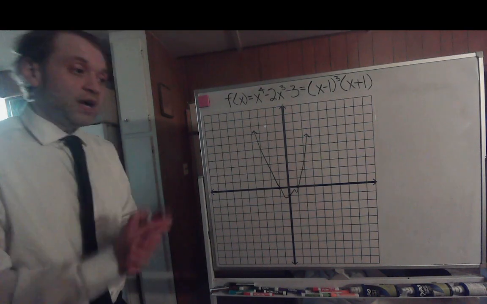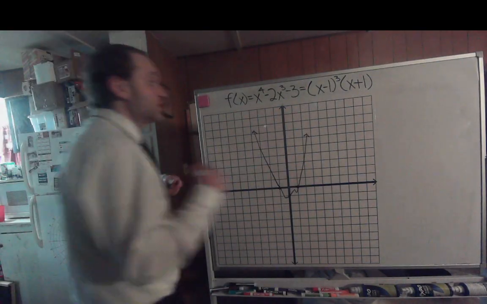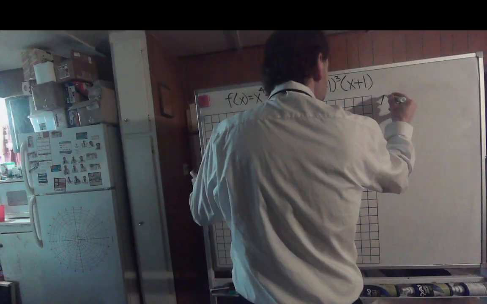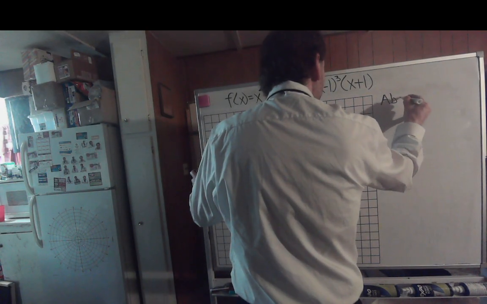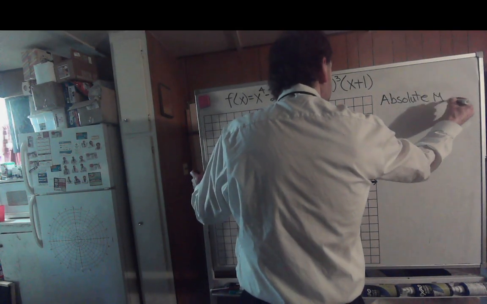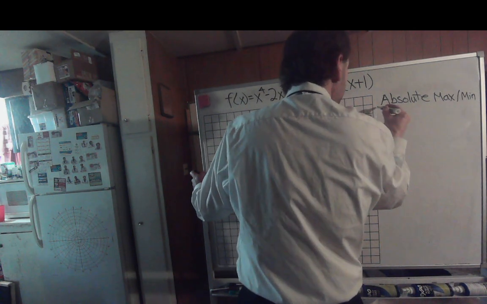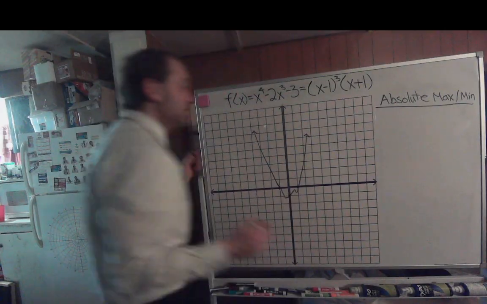Now, once you've graphed, there's one more component to this. Yes, we have what's called an absolute max and min. Now, absolute maximums and minimums, not absolute, excuse me, forgive me for that.